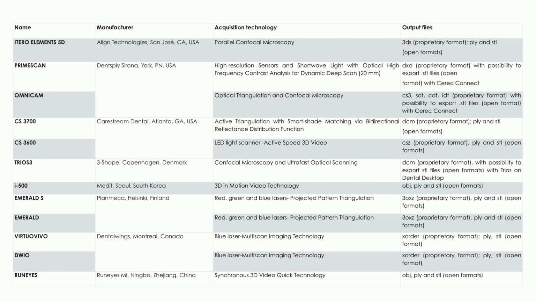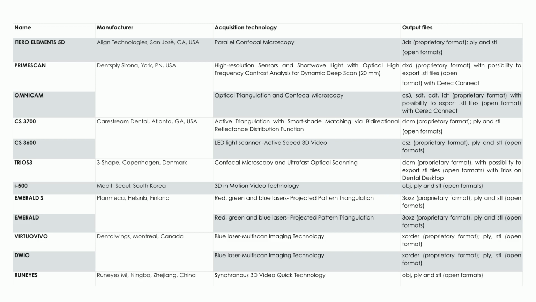And basically these were the machines that we have evaluated: iTero Elements 5D, PrimeScan from Dentsply Sirona, and Omnicam from Dentsply Sirona, CS3700 and CS3600 from Carestream Dental, Trios 3 from 3Shape, the Medit scanner, then two scanners from Planmeca, Emerald S and Emerald, Virtuo Vivo and DWIO from Dental Wings, and then the RunEyes, a Chinese scanner.